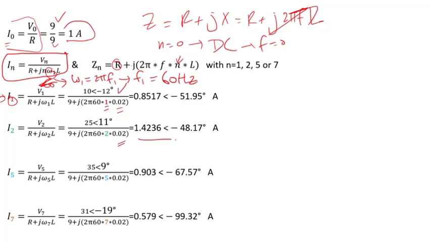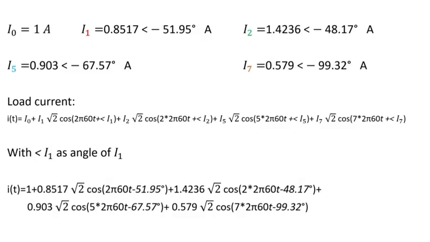So I get this value here. I do the same thing for I2. It's just direct application of the formula. So I calculated all the currents. In summary, I0 is 1 amp, and I1 is this value here, then I2, I5, I7.